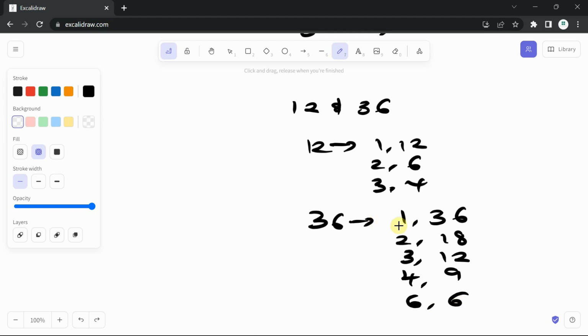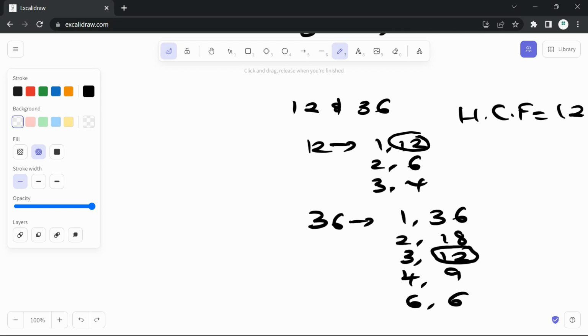For me to find the highest common factor, I'll go to the smaller number and find its highest factor. The highest factor here is 12. Is there 12 here? Yes, there's a 12 here. So that means that 12 is the highest common factor, because it's present here and it's present here, right?